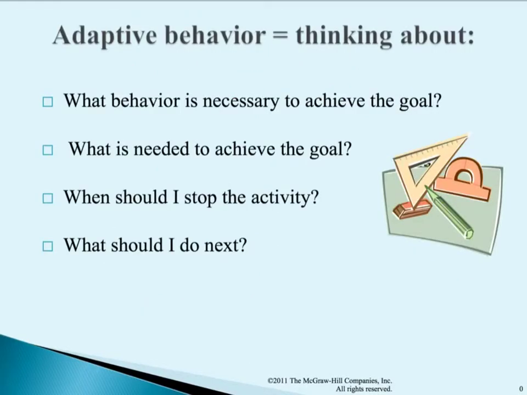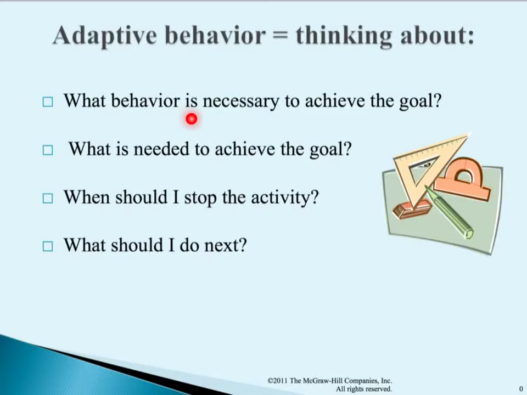What does it take to adapt successfully? Psychologists say that there are 4 parts to that. The first part is really figuring out what behavior is necessary to achieve my goal.